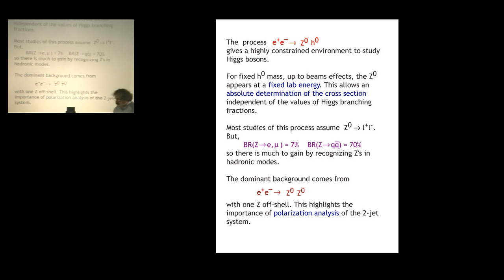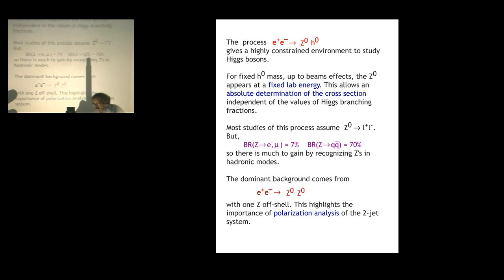I should say that most studies of this process that have been done assume that the Z decays to leptons. Of course, the branching ratio of the Z to leptons is 7%. The branching ratio of Z to q qbar is 70%. People multiply by a factor of 4 in the statistics or something like that, assuming that you can translate this into an enhancement of this.